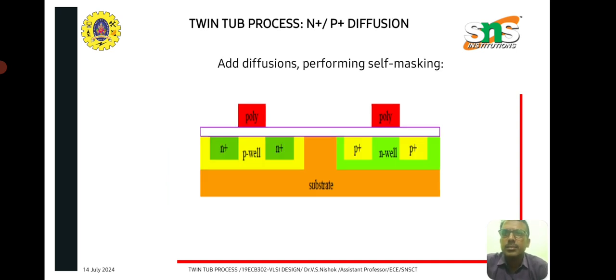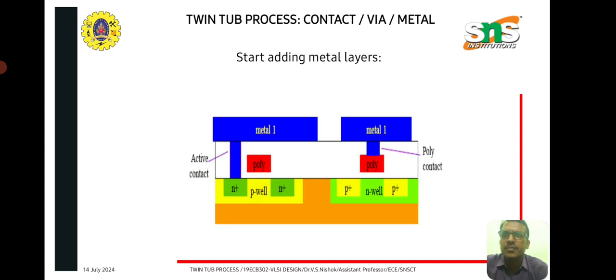The next step is adding diffusions and performing self masking. Here in the P-well we diffuse N-type materials, and in the N-well we diffuse P-type materials, for NMOS and PMOS transistors respectively.